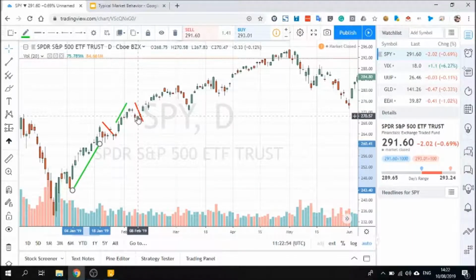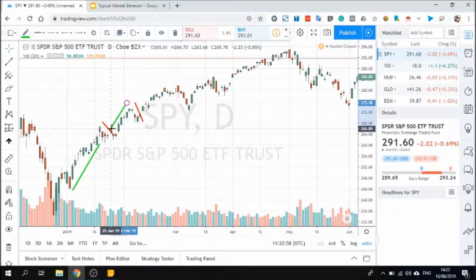Now the retracement is not the entire up move or whatever preceded it. It's just some of it.